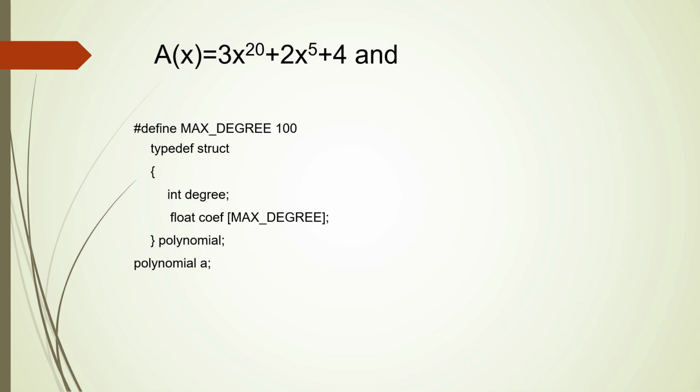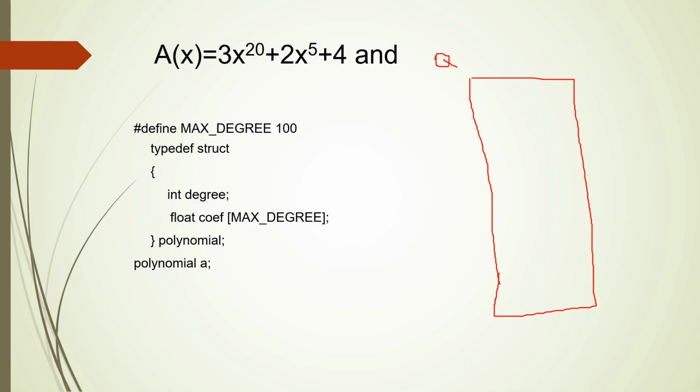So as you already know, a total of 402 bytes is going to be allocated. See here, the maximum degree value is 100. Since the coefficients are floating point numbers, there will be 100 locations of type float. The size of each location is 4 bytes. 4 into 100, 400 plus 2 bytes, 402 bytes with the name A.